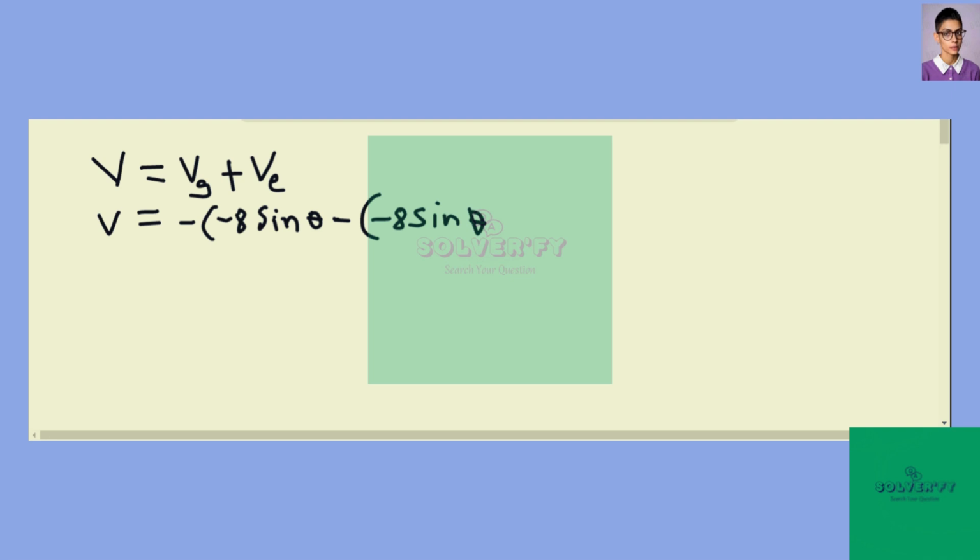Then consider the spring, the first one, F sub S. We're going to have K over 2, remember we got this earlier on, the half of the displacement, which is 2 cos theta minus 0.5, and of course it is squared.